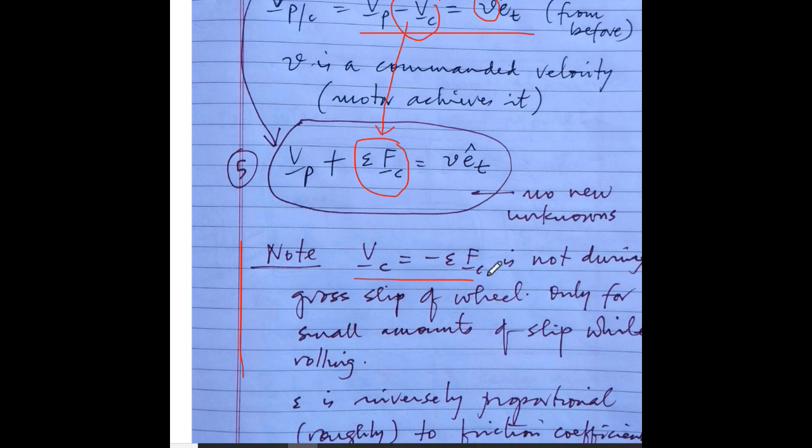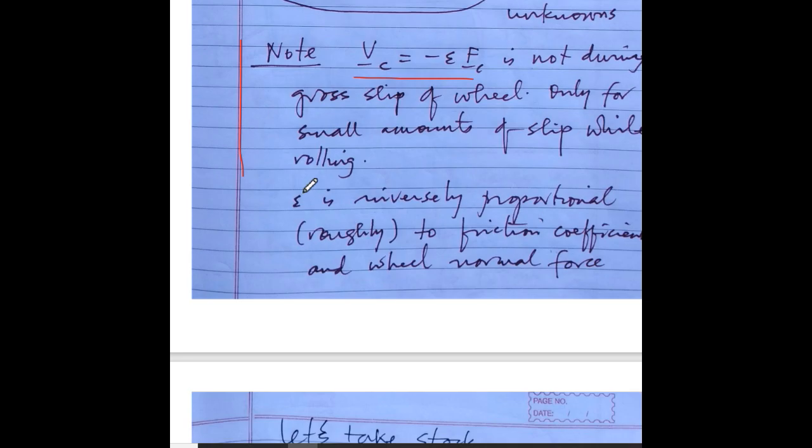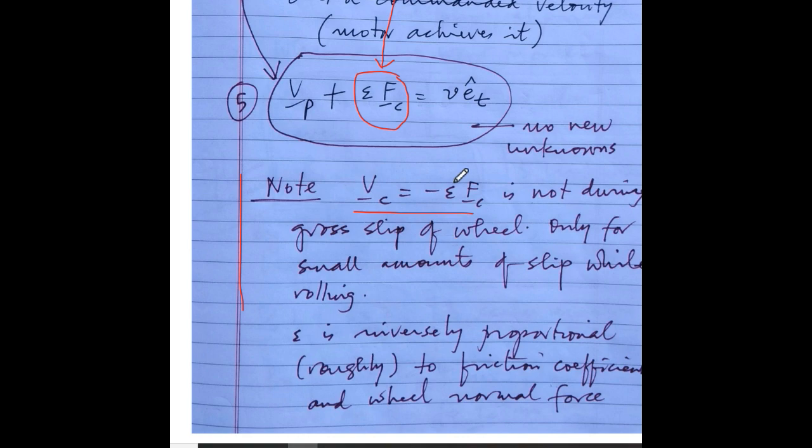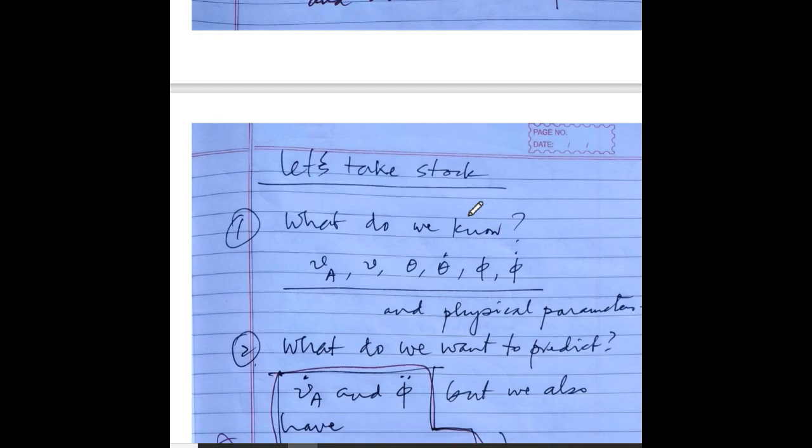Over there, FC is known and VC can be widely variable. It is only for small amounts of slip while rolling along on the path. And this epsilon is inversely proportional, roughly speaking, to the friction coefficient and the wheel normal force. But the wheel normal force varies as you accelerate and brake. It's not really a constant. This is just a fudge number. You put a small number there to understand what things can happen.